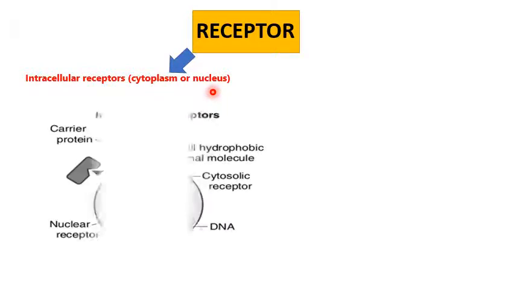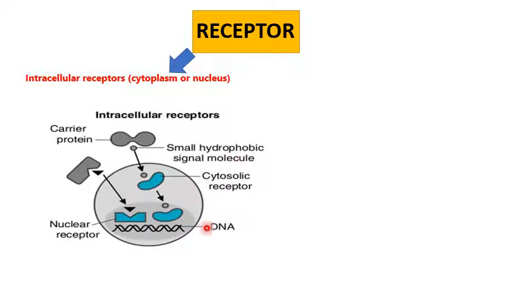We'll see the types of receptors. The first one is an intracellular receptor. These receptors are present inside the cytoplasm of the cell or in the nucleus of the cell. Here you can see a picture where there are two types of receptors, as I said earlier, which are intracellular, present inside the cell, like nuclear receptor and cytosolic receptor.